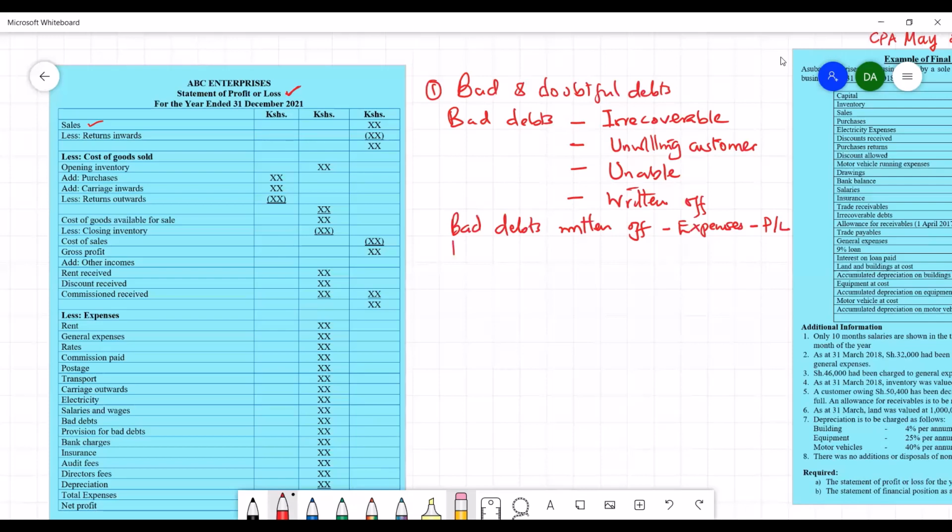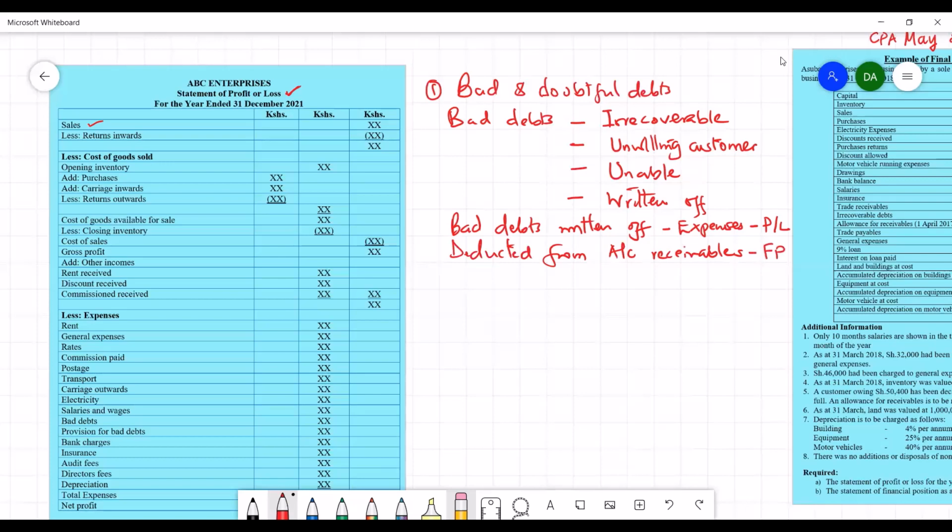So they need to be deducted from accounts receivable.